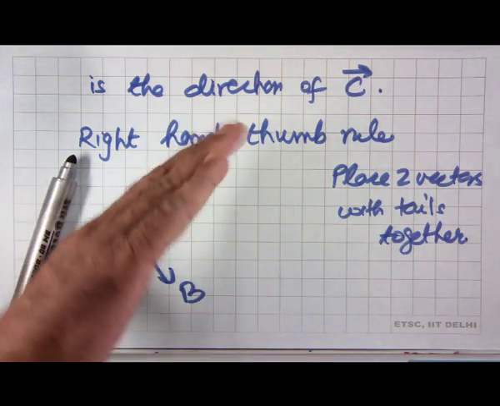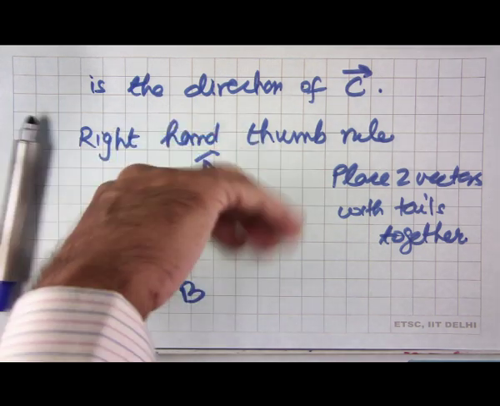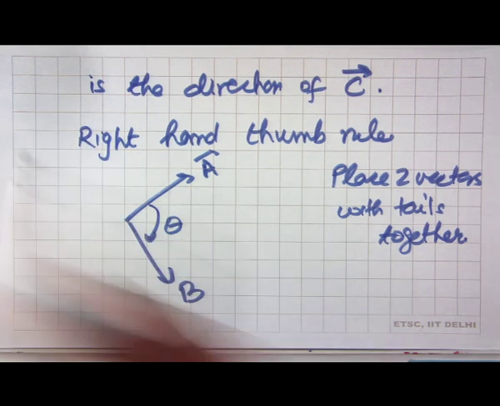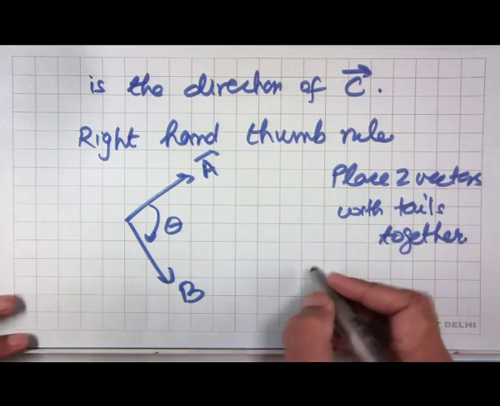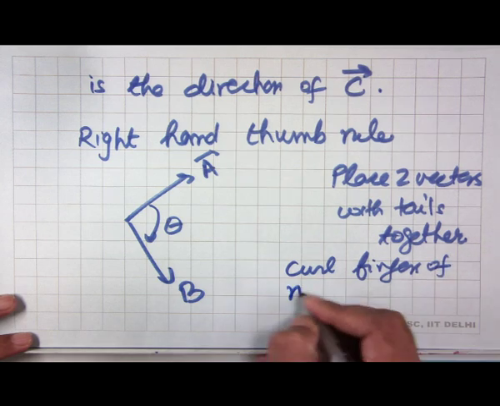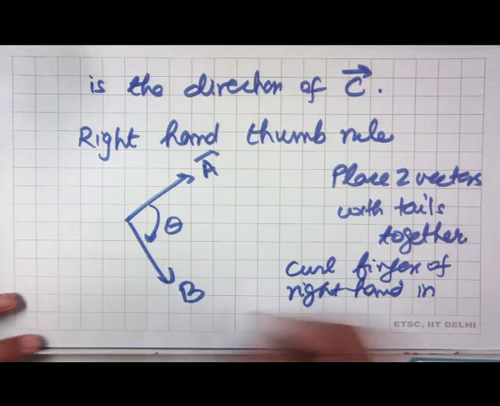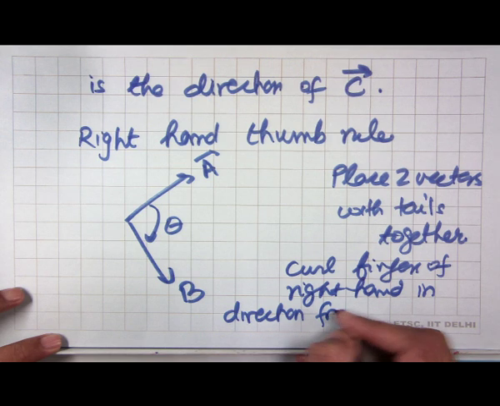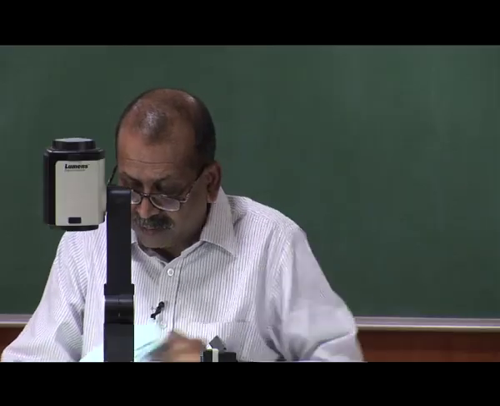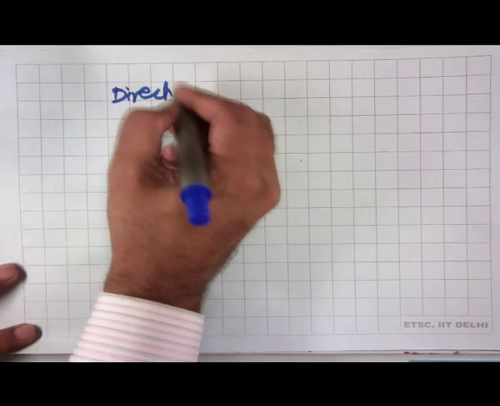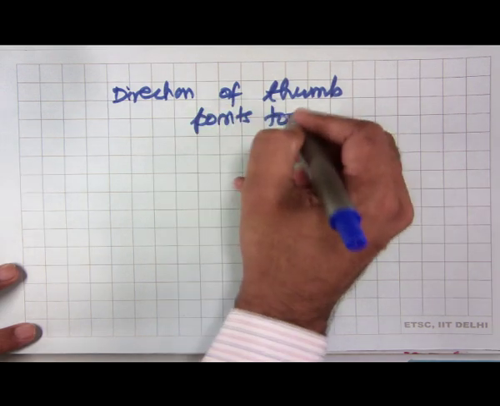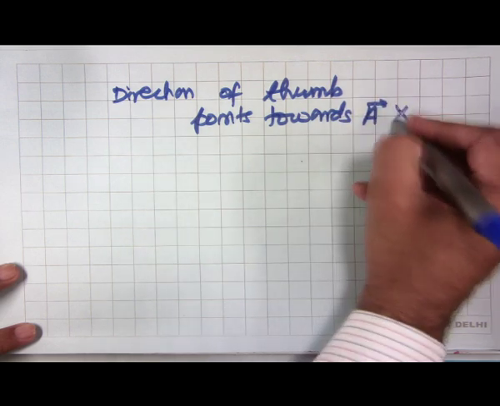So, in this case A and B are like this, we rotate the right hand in the direction from A to B, and the direction of the thumb gives me the direction of A cross B. So, we place the two vectors with tails together and curl the fingers of the right hand in the direction from A to B, and when we do that, the direction of the thumb points towards A cross B.